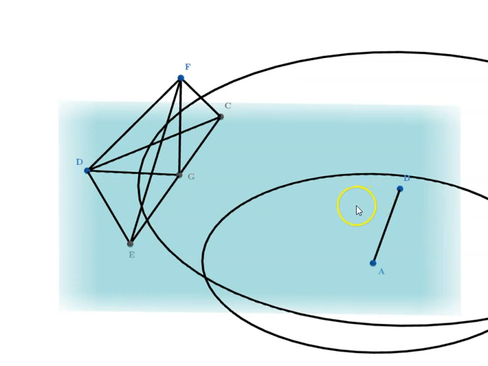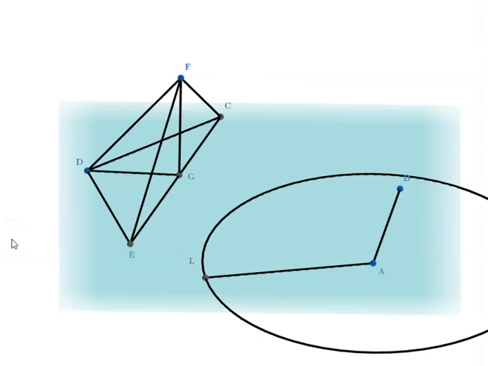Center at B and radius as CE. And we take the point of intersection as L. Since the smaller circle is centered at A and the radius is CD, AL will be equal to CD. Let's join them and let's get rid of these circles.